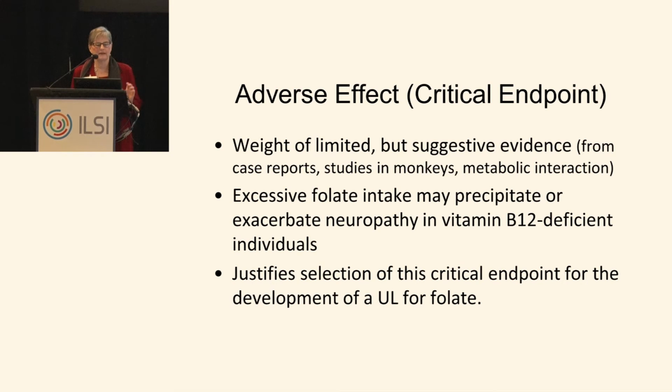So focus on animal studies, and they believed that there was limited but suggestive evidence from case reports, studies in monkeys, metabolic interaction, that excessive folate may precipitate or exacerbate neuropathy in vitamin B12 deficient individuals. And so that is what they used as the critical endpoint for development of an upper level.